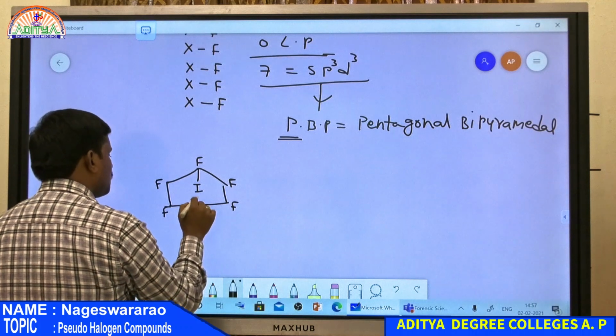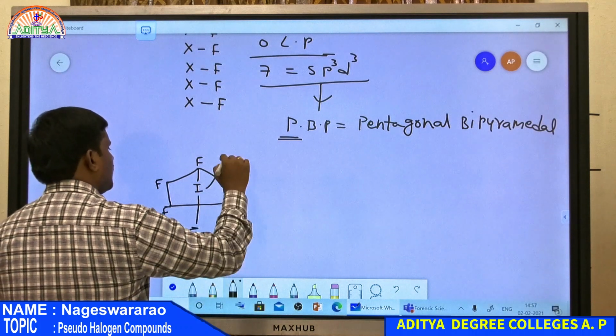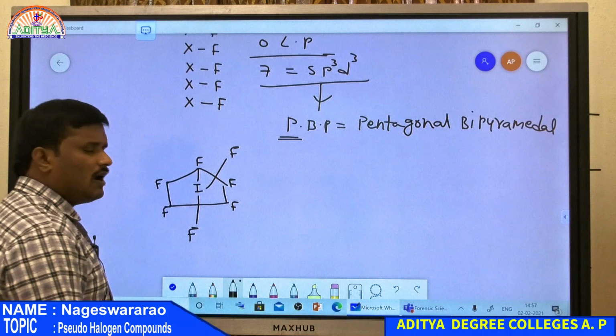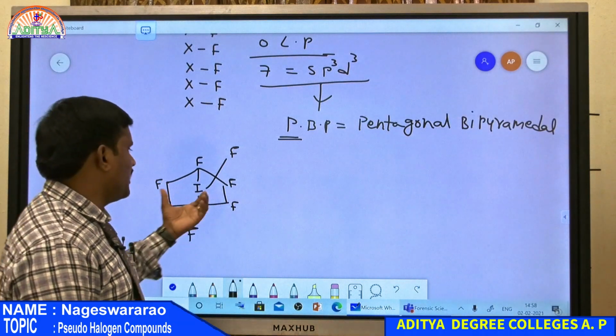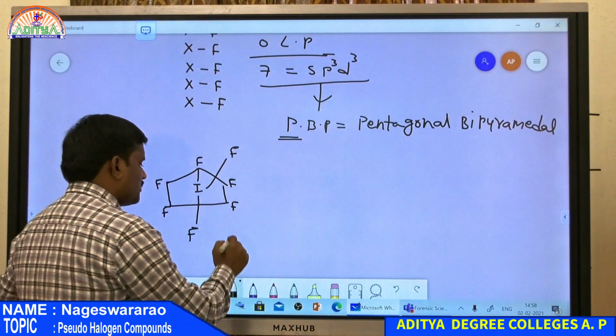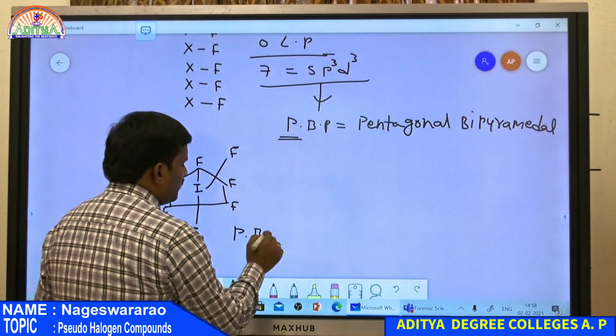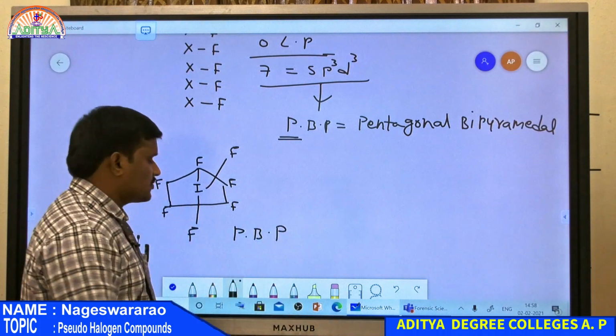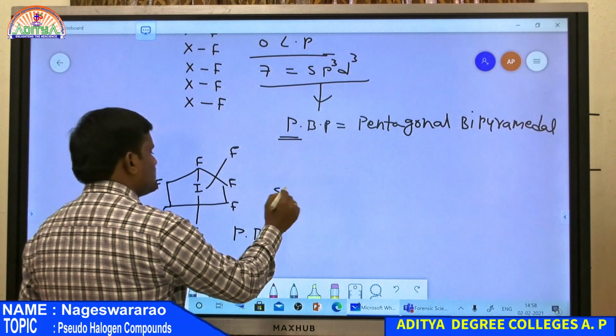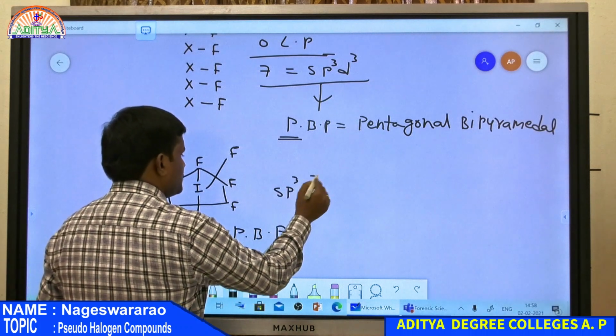Now write 2 more fluorine atoms above and below the plane. All are sigma bonded with fluorine atoms. There is no lone pair of electrons. This structure is nothing but pentagonal bipyramidal. So here iodine undergoes sp3d3 hybridization.